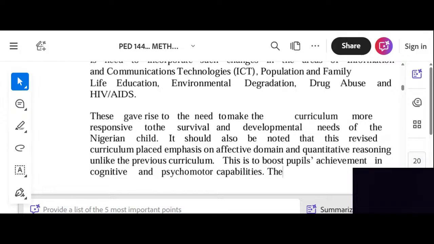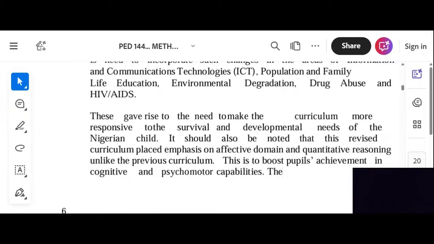Now, we are trying to say that the changes in our society, especially in the country's educational needs, like the need to meet the Millennium Development Goals, the MDGs, and the rest of them, made it necessary to redesign the curriculum so that it will better prepare Nigerian children for life, especially for survival needs, which is the knowledge and skills that children need to cope with everyday life.